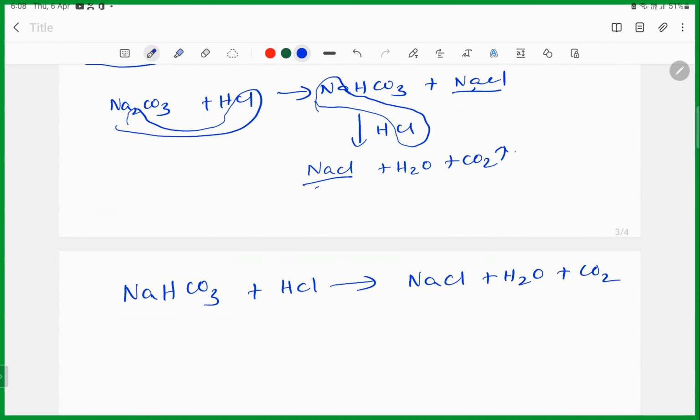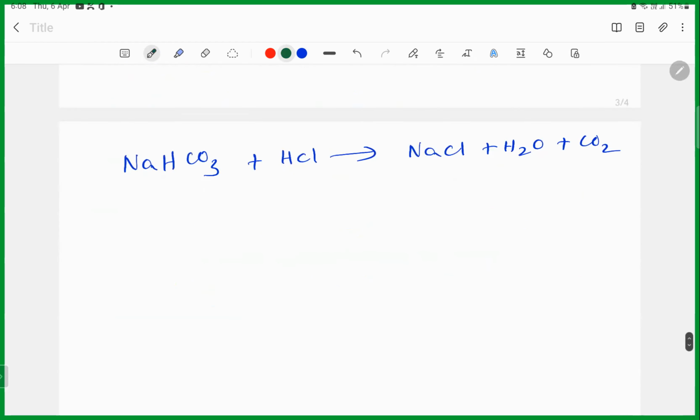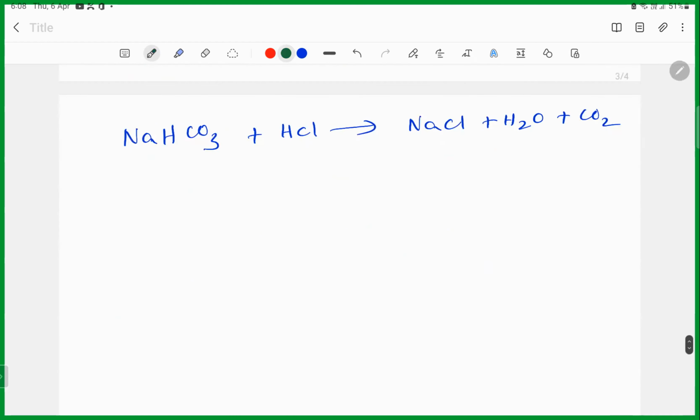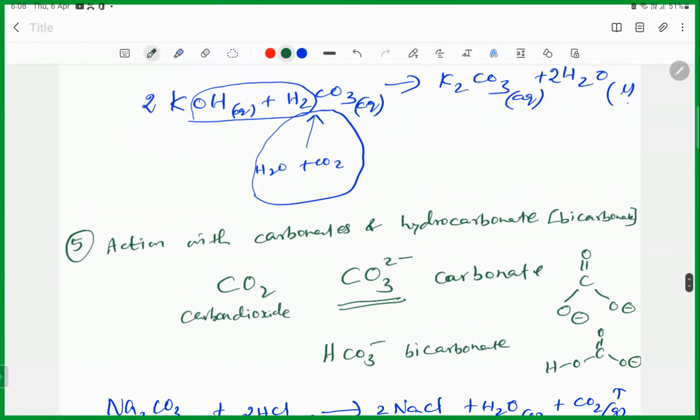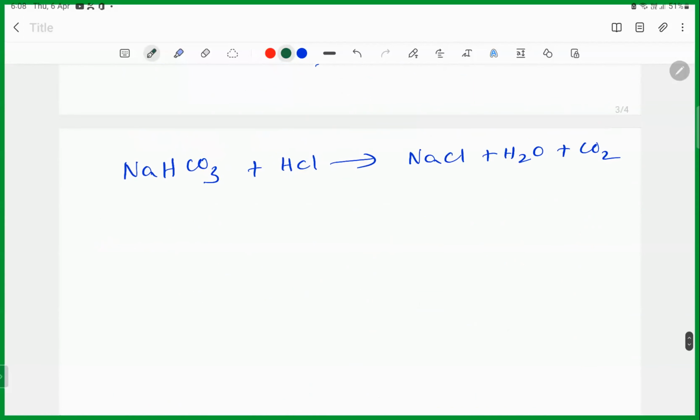It comes like this. Okay, same way the acid which reacts with the sulfide and bisulfide. How many reactions is this? Fifth reaction. Action with sulfides and bisulfides.